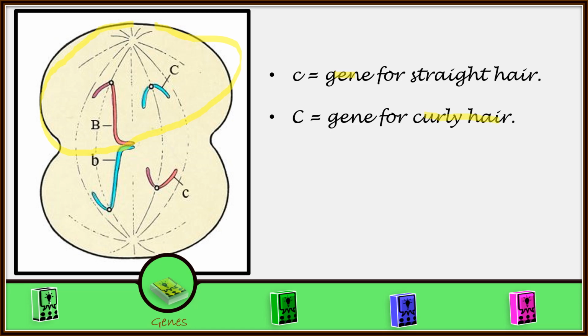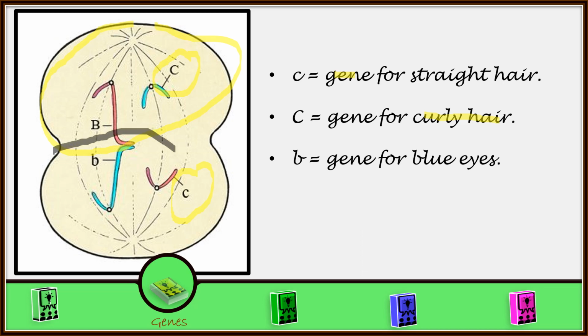It is taking the gene for the curl hair up, and this one down has taken a gene for the straight hair. Then this cell down, as we have seen, has taken a gene for straight hair, and it is also taking a gene for blue eyes.